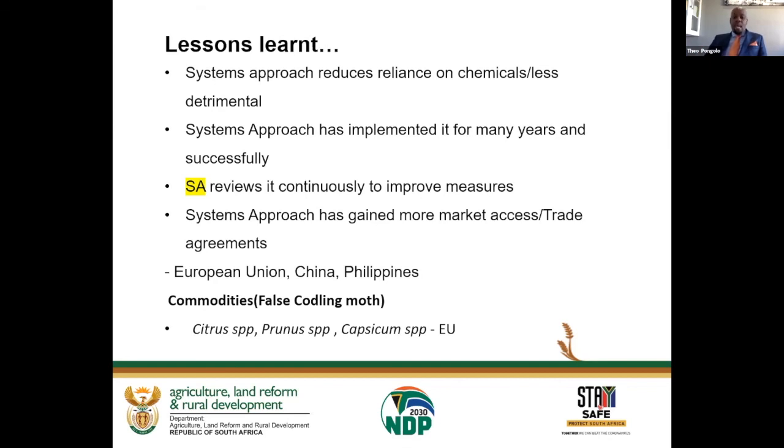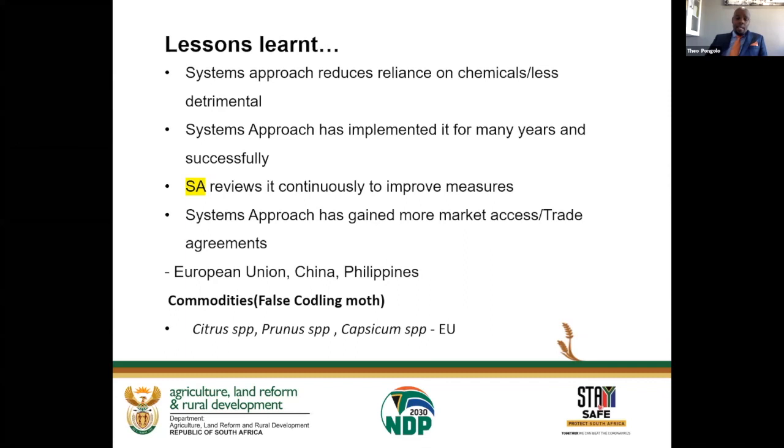South Africa has gained more market access and trade agreements because of the systems approach. It has helped us a lot in increasing our exports. Previously, we used to have a lot of interceptions. Now, on top of our biggest market, the European Union, we also gained China.